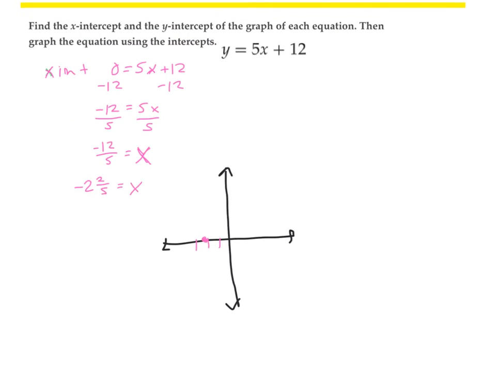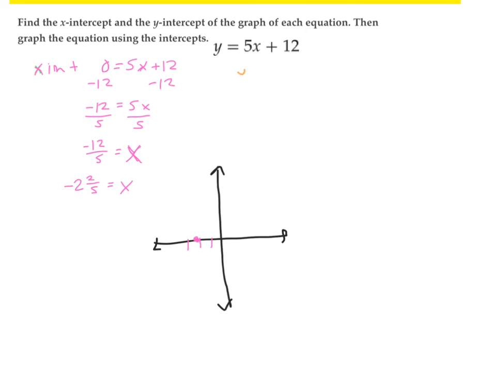Now we need to find our y-intercept. So what do we do to find the y-intercept? Make the x 0. So we have y is equal to, the x becomes 0, and all we're left with is 12.